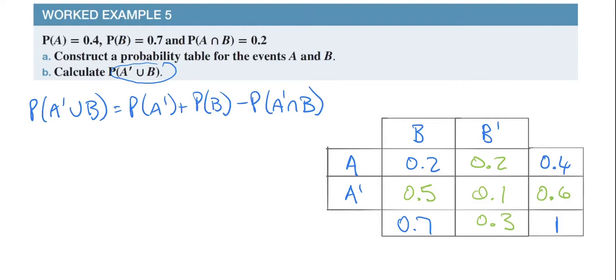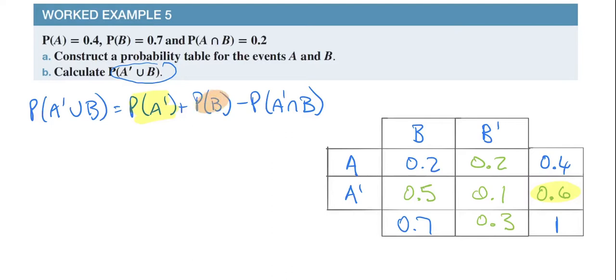I'm going to use highlighters to make sure that we know what is what. The probability of having A, it's pretty straightforward. So the probability of having A will be 0.6. So not A, the total is 0.6.